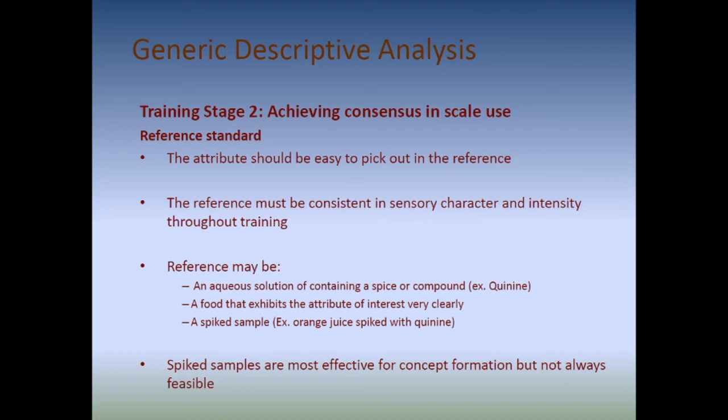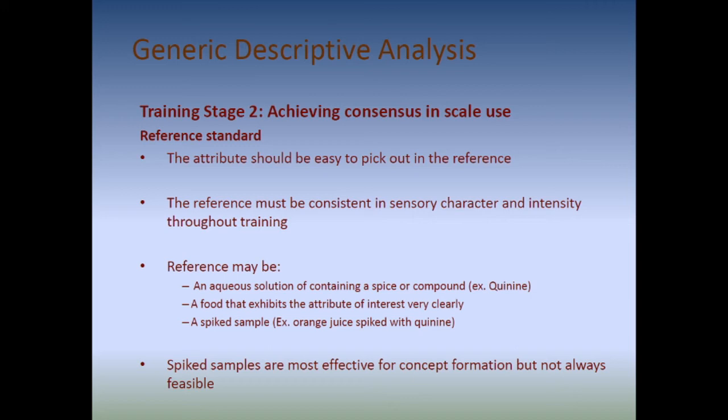So for example, if you are trying to do bitterness, you might be adding quinine into your product. Quinine has an incredibly bitter flavor. Or if you want something that has an acid profile, you may be putting in a small quantity of citric acid into that product. Those spike samples are good for concept formation, but again, they're not always feasible.